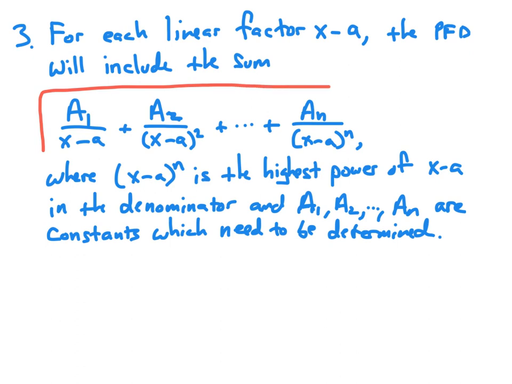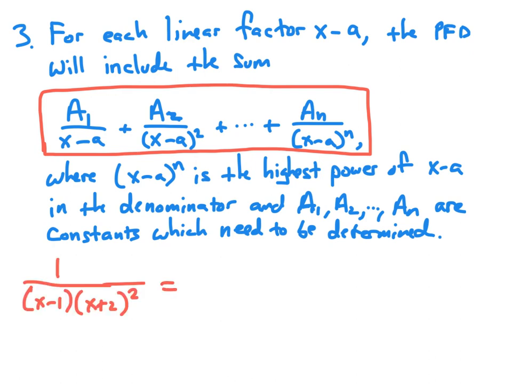Specifically, a constant a₁ divided by x - a, plus another constant a₂ divided by (x - a)², all the way up to some constant aₙ over (x - a)ⁿ, where n is the largest power of x - a that appears in the denominator of the rational function, and all of the a's are constants which we will need to determine.